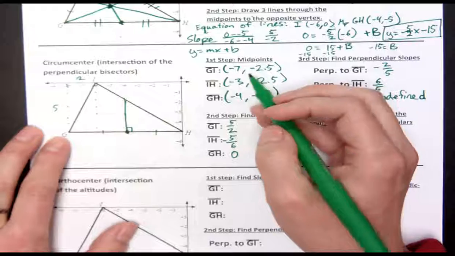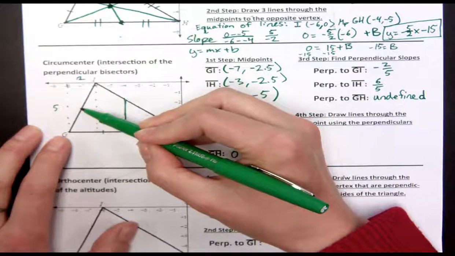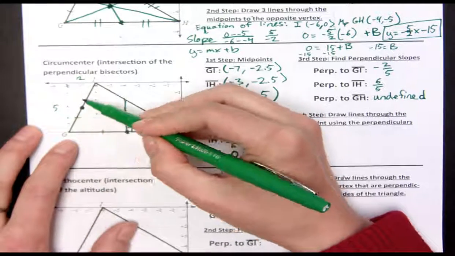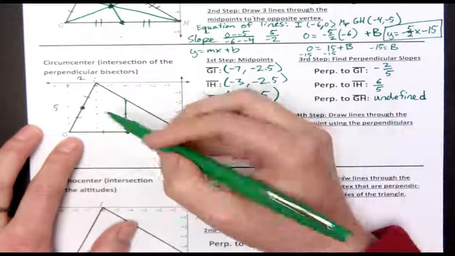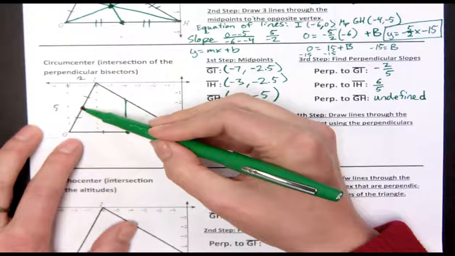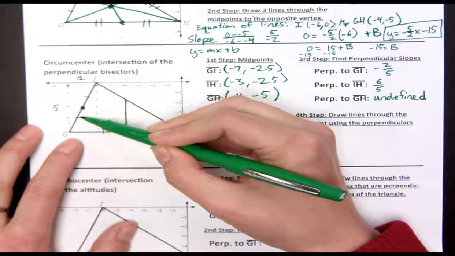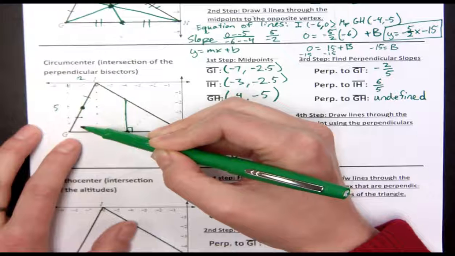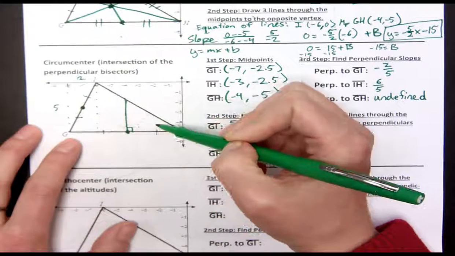Now I'm going to come to GI, which was the -7, -2.5. And here I do need to count because this slope isn't exact. So I'm going to come down, and this would be a lot easier if our graphs had printed, but come down 1, 2, and over 1, 2, 3, 4, 5.